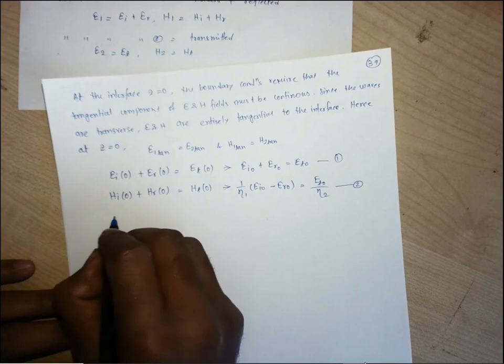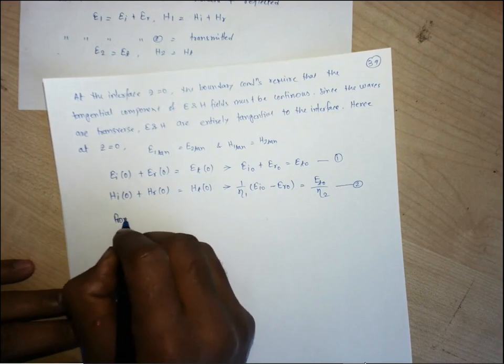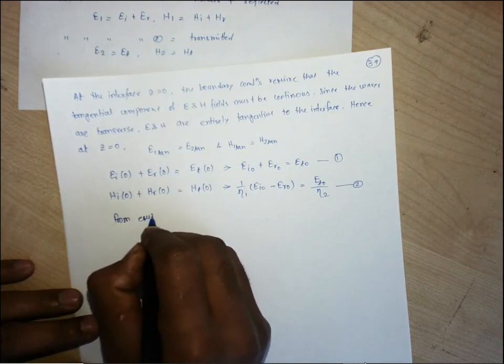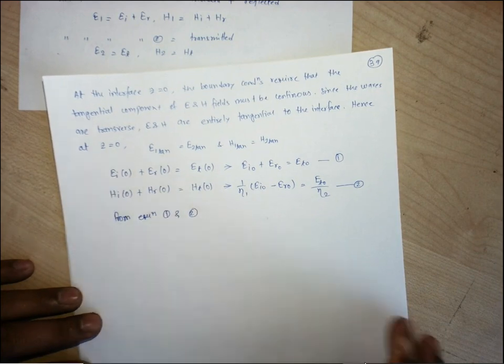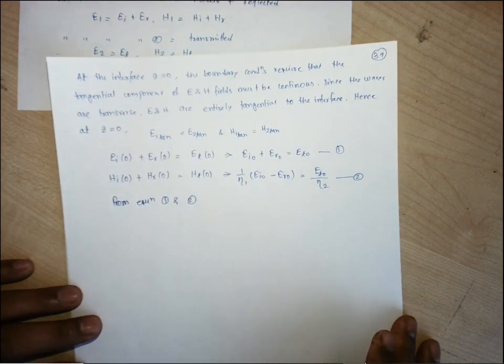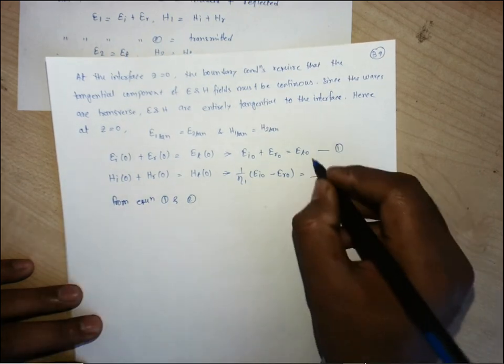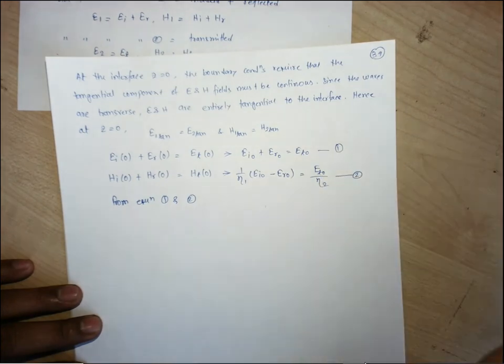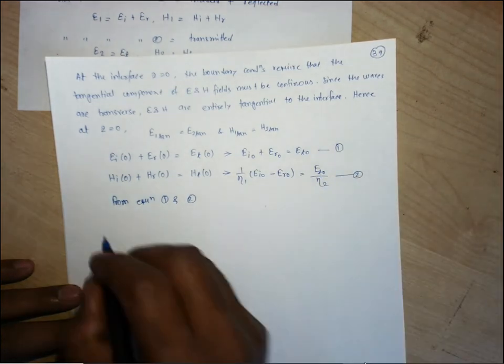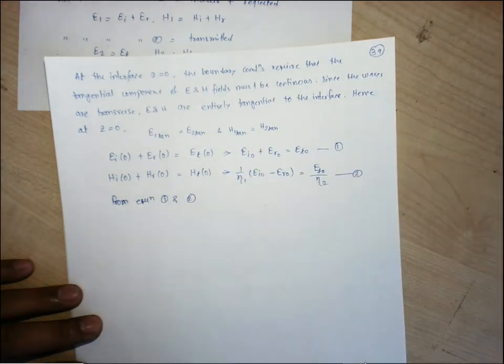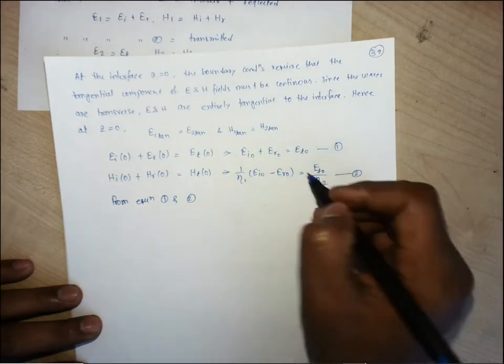So from equations 1 and 2, we can find out the reflected. If we take the ratio between these two, the transmitted part will get cancelled, or we can take out any one of them. Either we take the ratio or we solve.